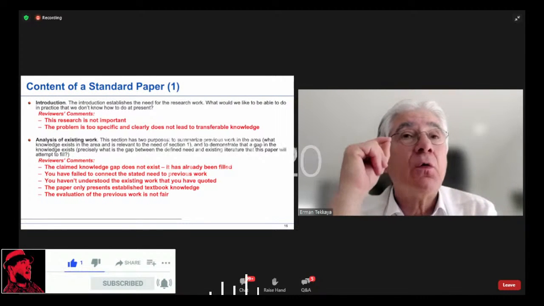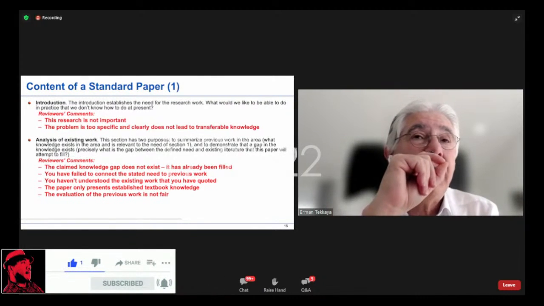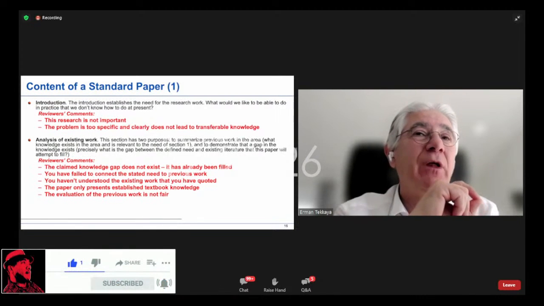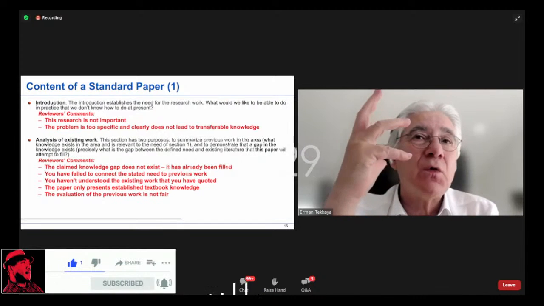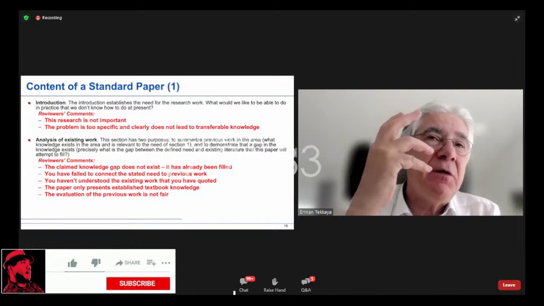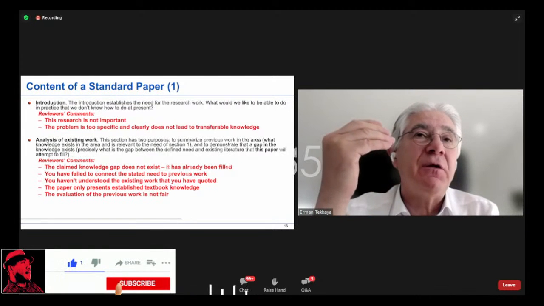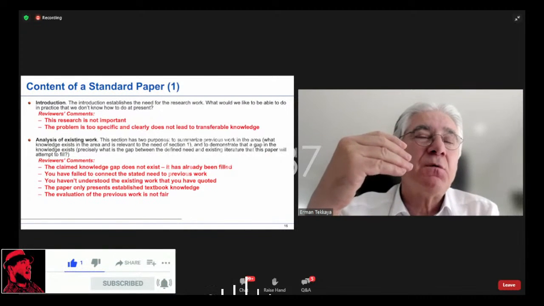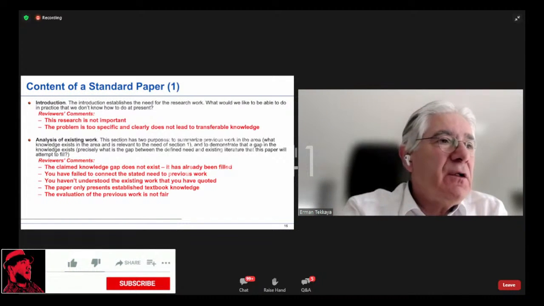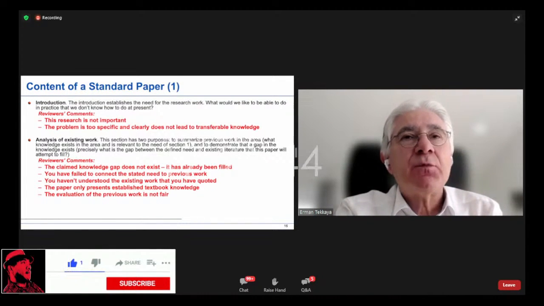Usually the papers go to expert reviewers, and usually those expert reviewers have a lot of papers on the subject. And if you miss those works, then you have a problem. If you miss very fundamental work, how can you find fundamental work? Those are papers with the most citations. And then the paper only represents established textbook knowledge.